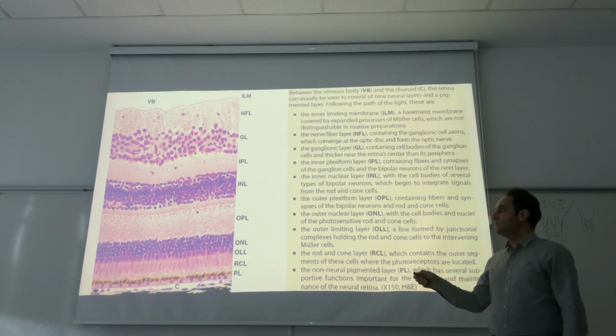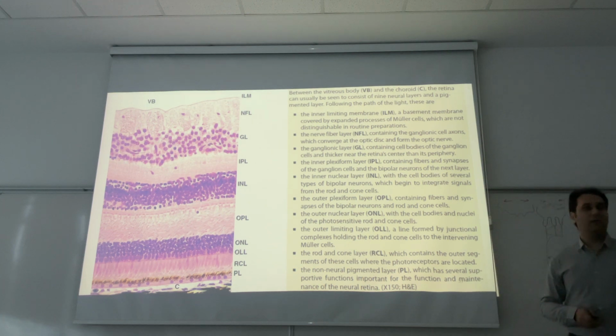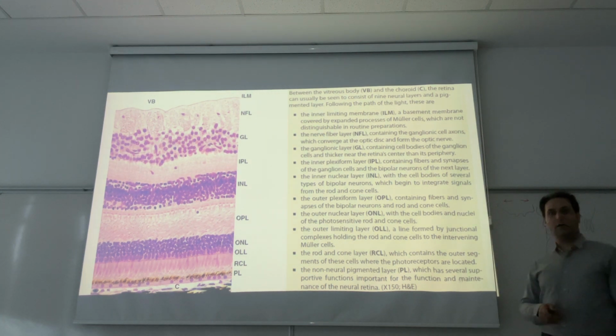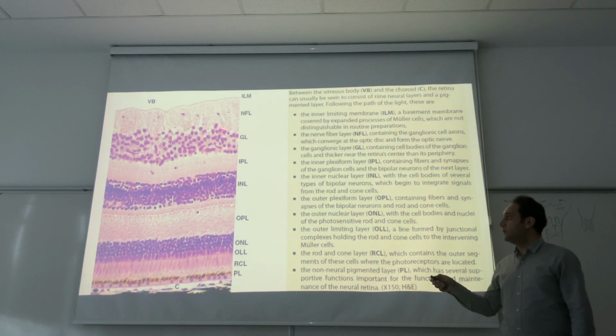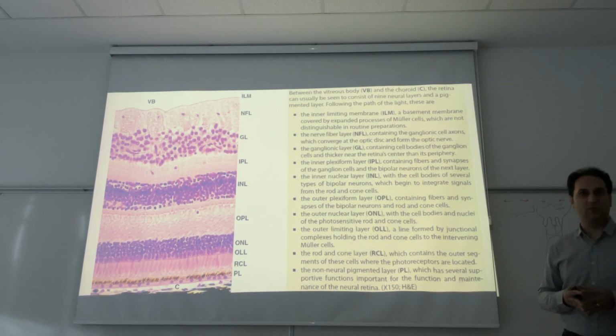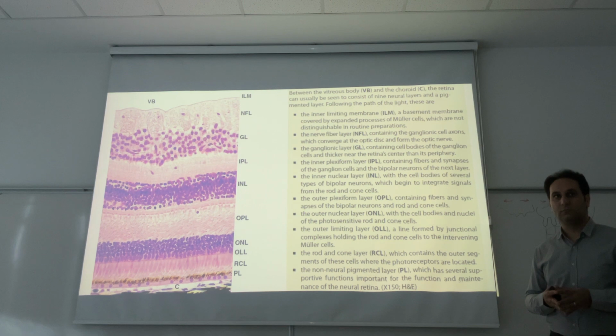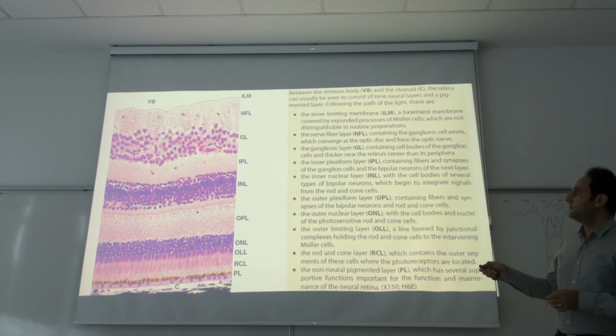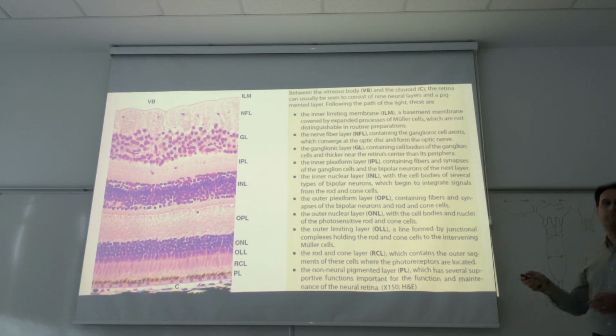In a little inner side, we have the ganglion layer, another nuclear layer. In the ganglion layer, we have the ganglion cell bodies or perikaryons. The other layer on the inner side is the nerve fiber layer.